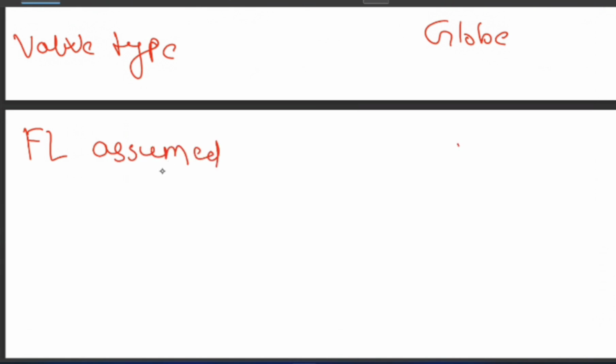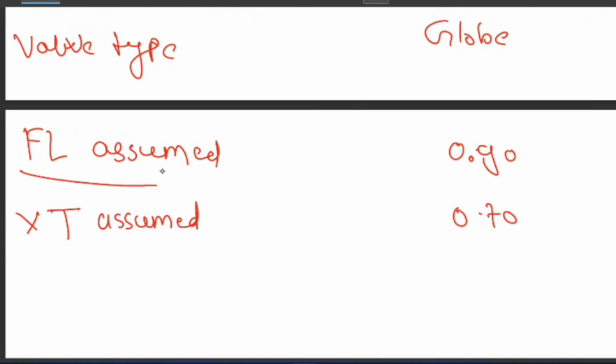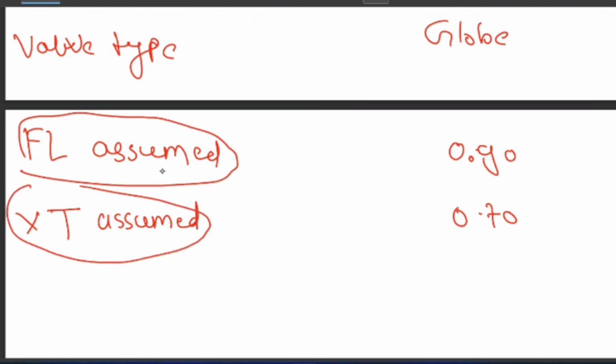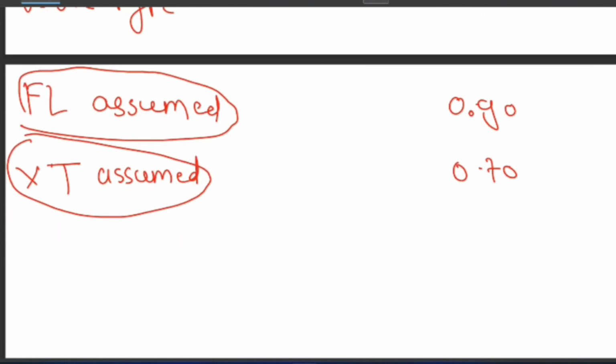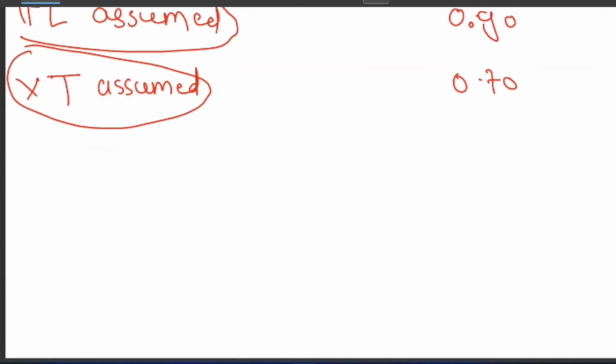FL, let's assume, is 0.90, and XT assumed is 0.70. I will explain this, no worry: what is FL and what is XT? FL and XT are valve-type specific manufacturer data.